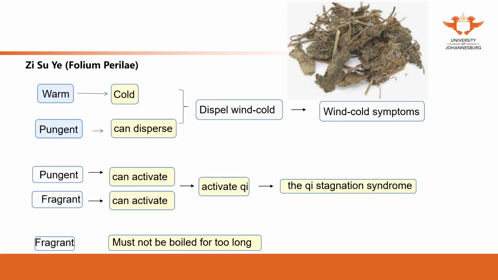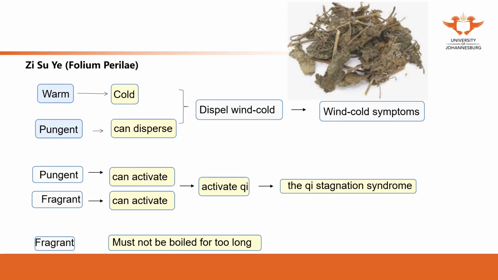Zisuye, because it is pungent and warm, can be used to dispel the wind cold. It can be used in patients suffering from wind cold, and also because of activating qi, Zisu is very suitable for patients suffering from wind cold who, in the meantime, present with qi stagnation.